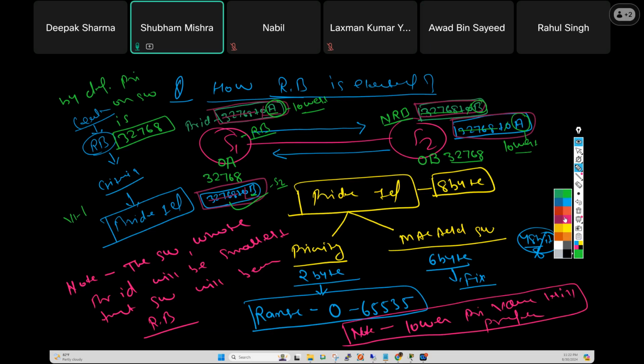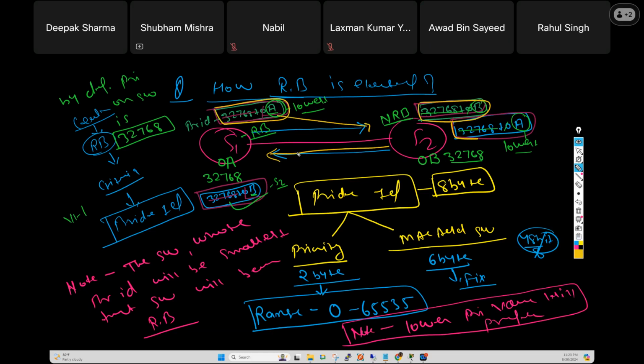Now, one more thing here. Switch number 1 shares its bridge ID with switch number 2, and switch number 2 shares its own bridge ID with switch number 1. At the initial state, both switches exchange their bridge IDs. Now the question is how both switches exchange the bridge ID with each other.